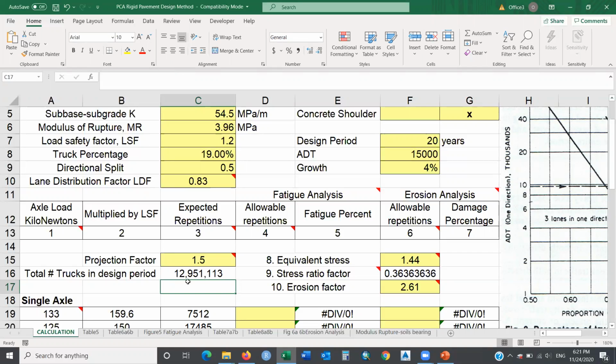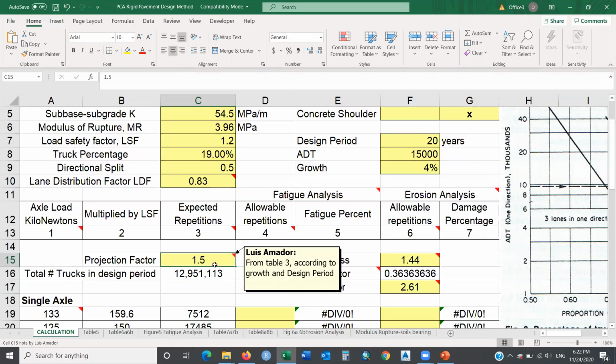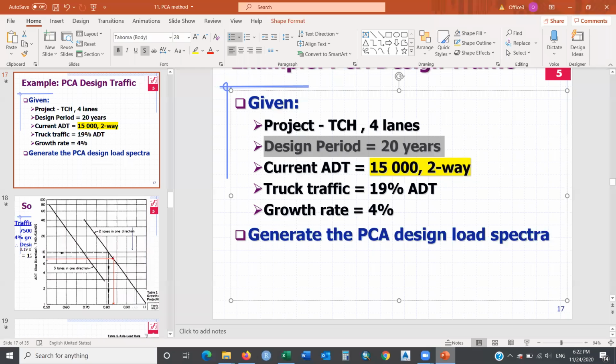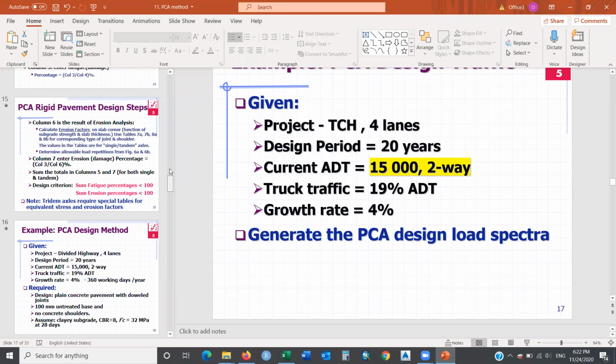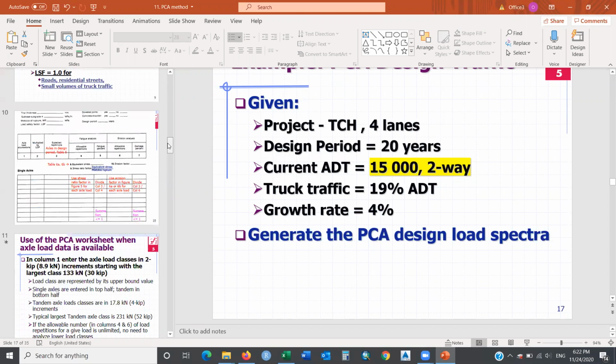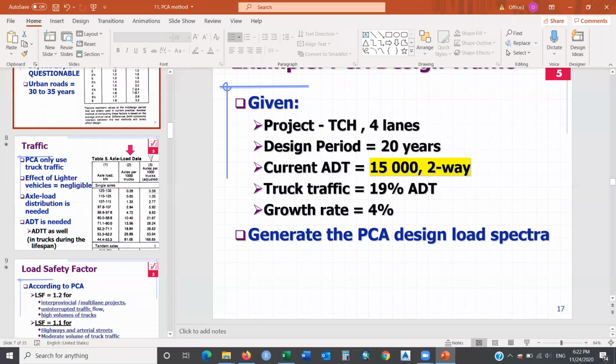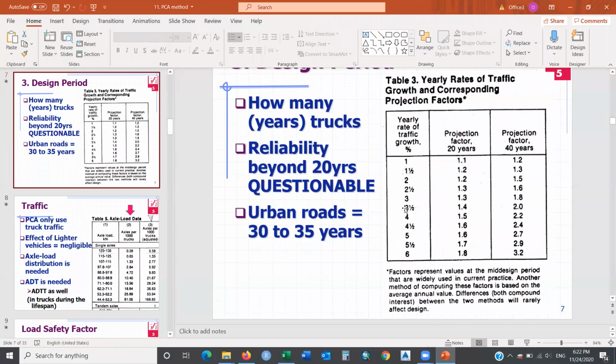Thanks. So yeah, it's 12 million, almost 13 million. Now, we also need the projection factor, which will come from this table. So we're looking at a 4% growth on a 20 years.